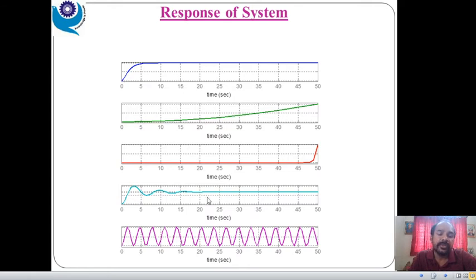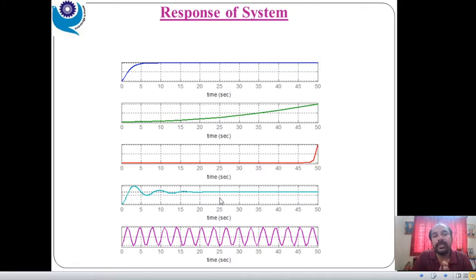So these responses of a system, basically in control system, show how to predict whether the system is stable, unstable, or marginally stable based on the response. For a particular system, if you want to make the analysis, we have to give the input. By giving the input, we check the output, isn't it? What kind of output is it giving, whether it is a bounded or unbounded output?